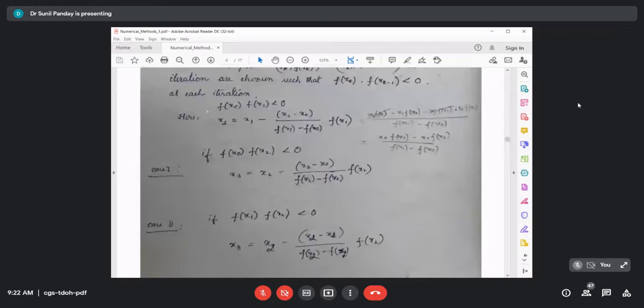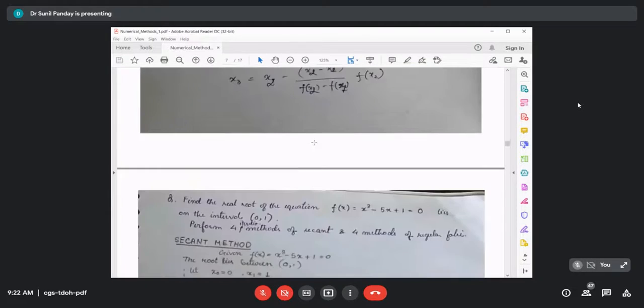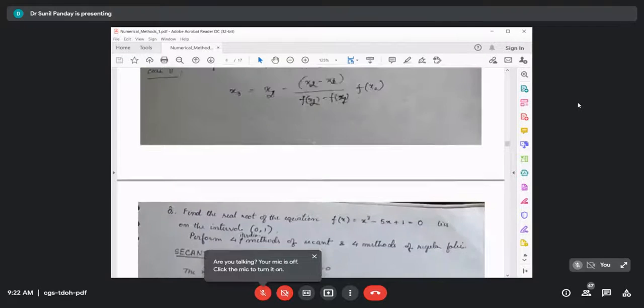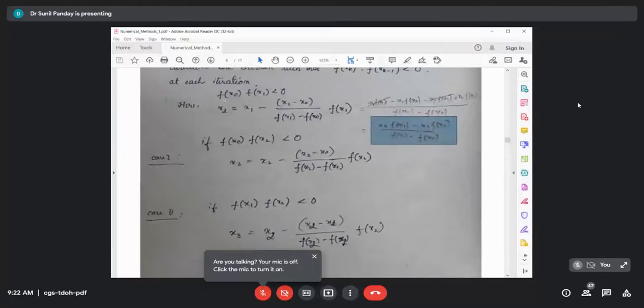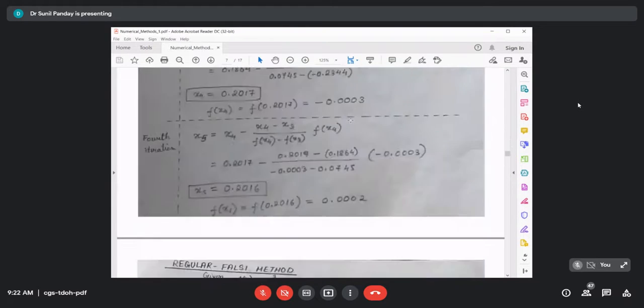You can see this is the formula for secant method, and if I multiply this and simplify it, I will get this one. So the formula is the same, either you write in this form or in this form, for secant and regula falsi method. So instead of using that form, in this problem we have used this form, even though you can use this form also, there is no problem.